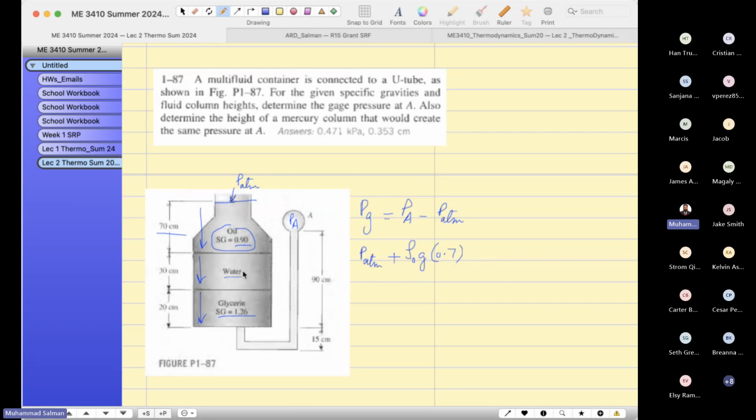And then water, for this pressure head you have to reach up until here. Do you have to add rho g h or subtract? Add, that's correct. So you have to add for water 0.3. So now the glycerine.